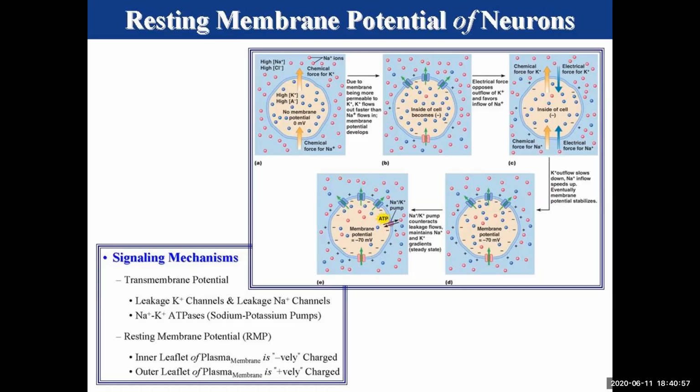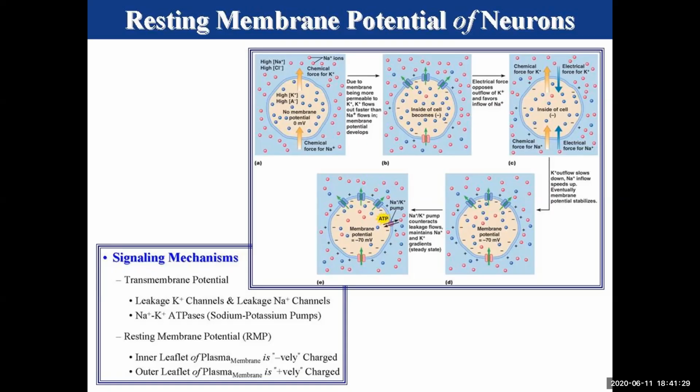The cell membrane, by splitting opposite charges from one another, stores potential energy. And when they allow the charge to come back together, energy would be released, right? So when you change the potential, you can do work. You can use it as a signal.